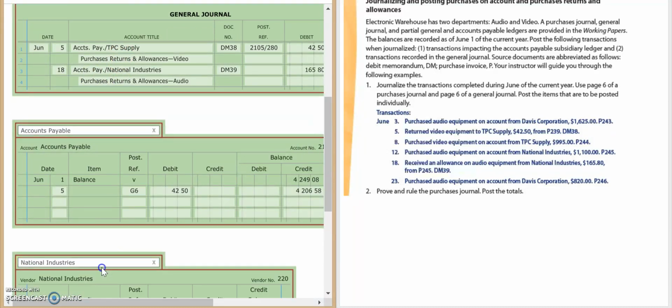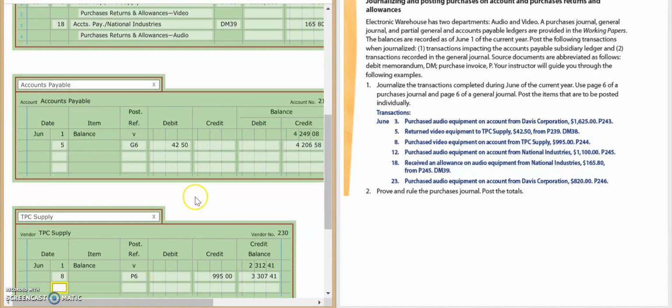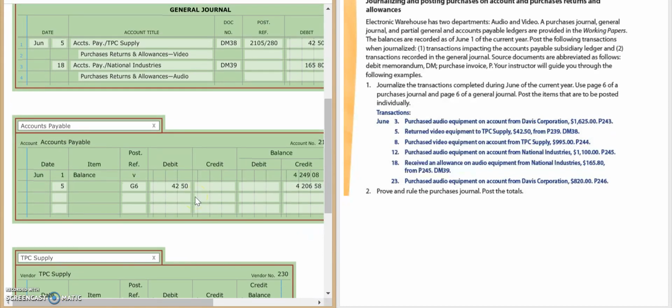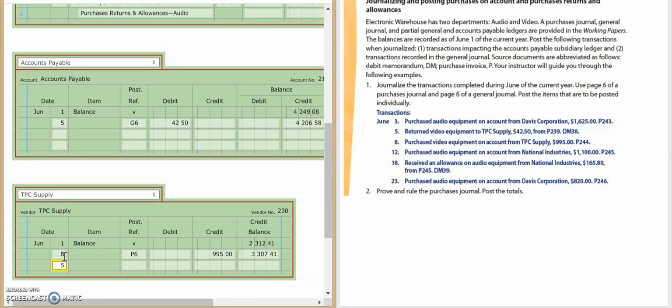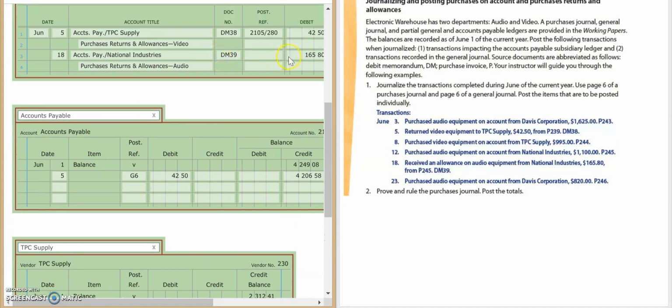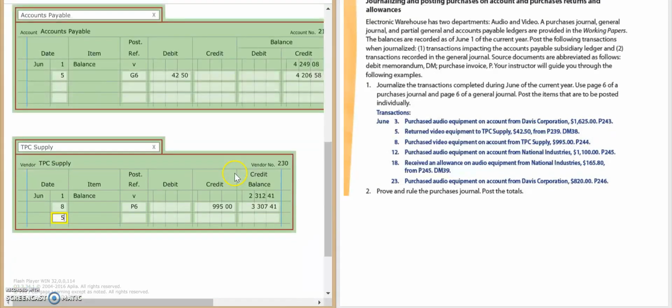So we open up TPC supply here. And we'll come down, and this again is on the 5th. It's okay that it is out of chronological order because you always post the purchases first and then you post from the general journal. So don't worry that it's out of order. Again, this is going to be a debit of $42.50, coming from G6.